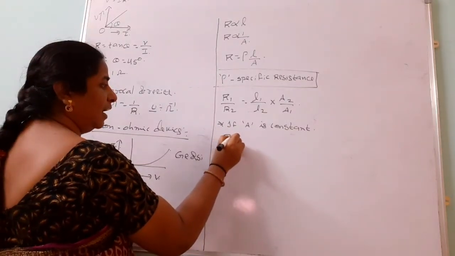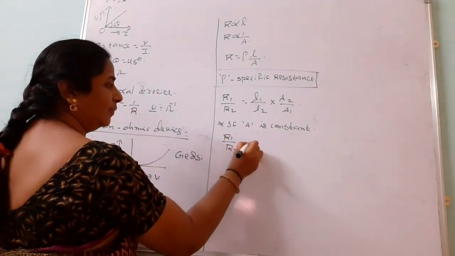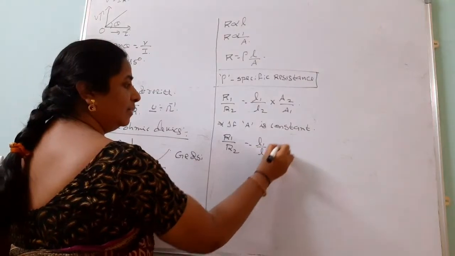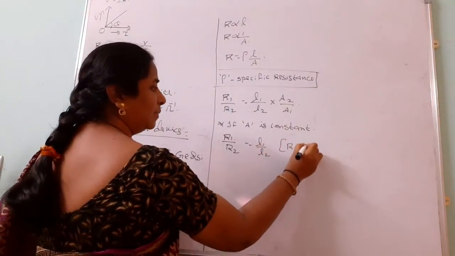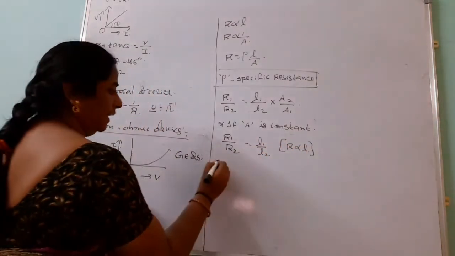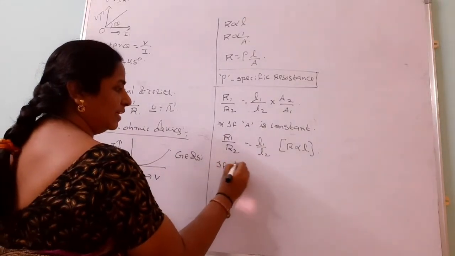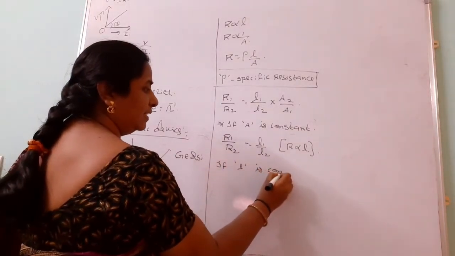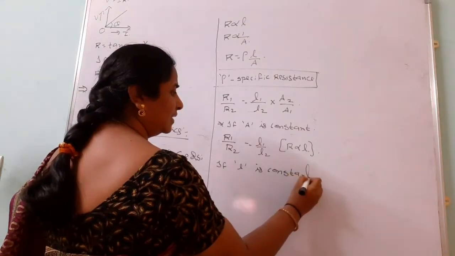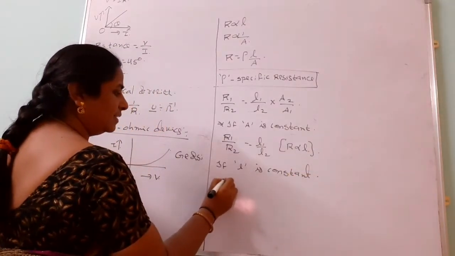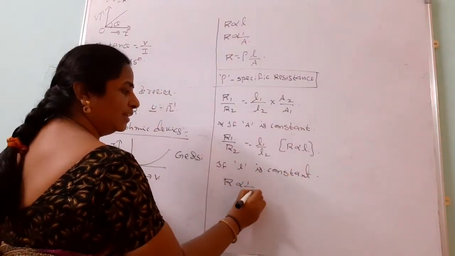So if A is constant, R1 by R2 equals L1 by L2. Simply, R is directly proportional to length. Like that, if L is constant, meaning we are not changing the length, this resistance is inversely proportional to area.